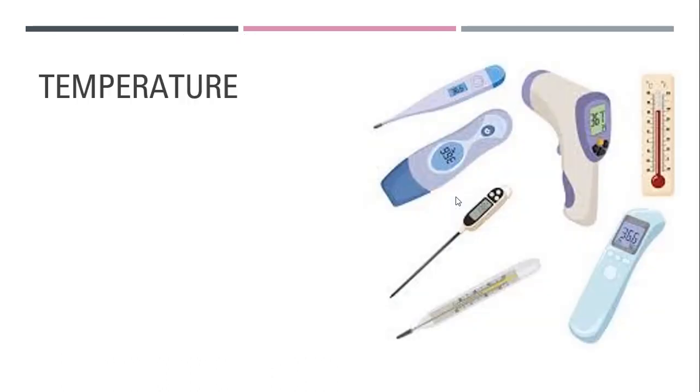Here we go, measuring the temperature. We can measure the temperature either by using the mercury, the traditional thermometer, or by the digital thermometer, which gives you numbers, and the digital thermometer's benefit is that it is more accurate than the mercury one.